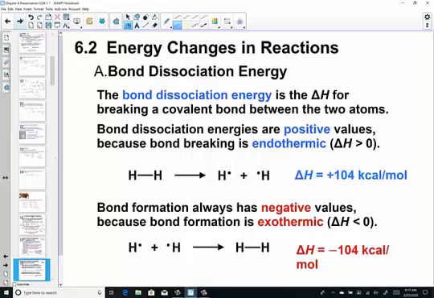The bond dissociation energy, to define the term, let's write that as saying it's the heat, the delta H is heat, for breaking a covalent bond between two atoms. The bond dissociation energy. How much energy does it take to break a bond?